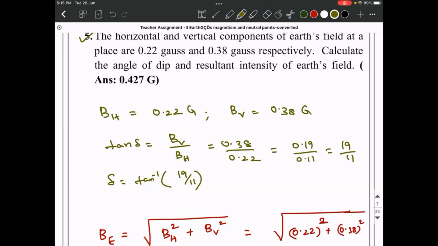So the resultant intensity is root of BH square plus BV square. So 0.22 square plus 0.38 square. That will give you the answer. Those who are online, are you able to understand? Yes, sir. Can you just give me a confirmation at least in the chat box?